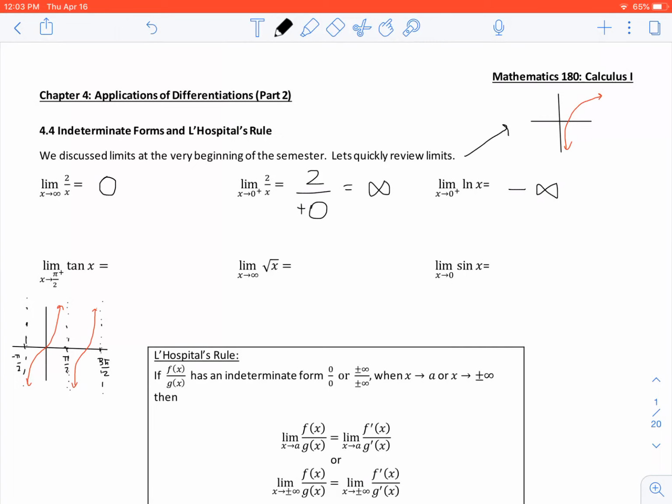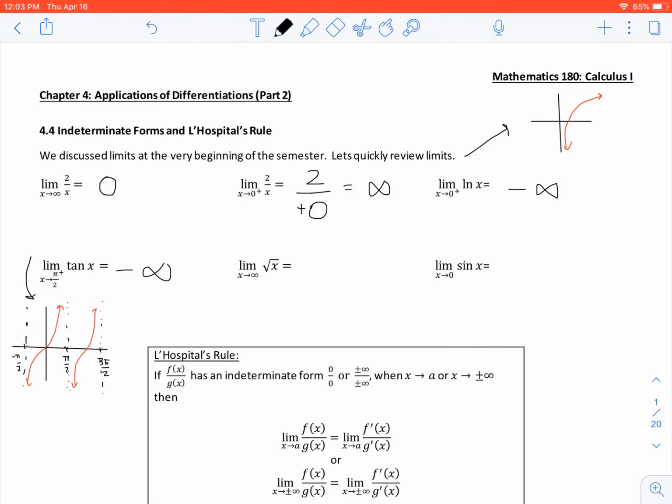As we approach pi over 2 on the right of tangent of x, again the graph is down here, so as you approach pi over 2 on the right side of it, that is also going off to negative infinity.